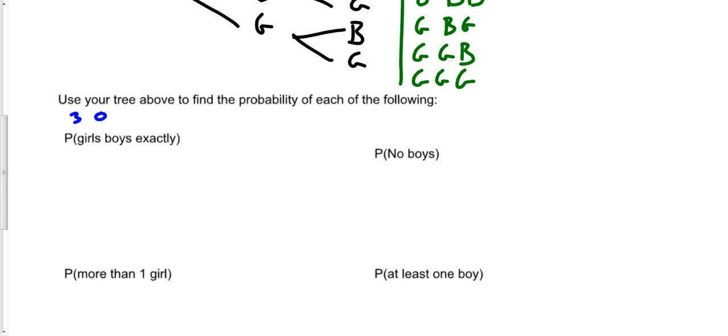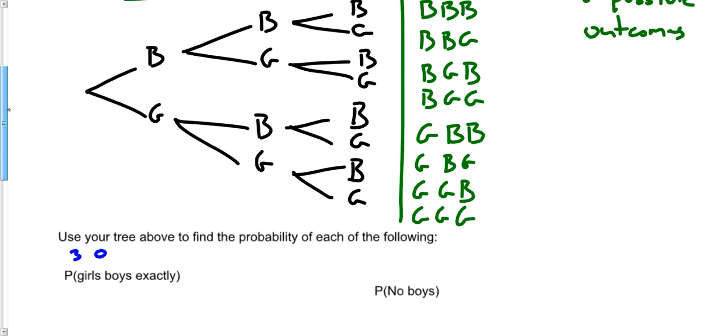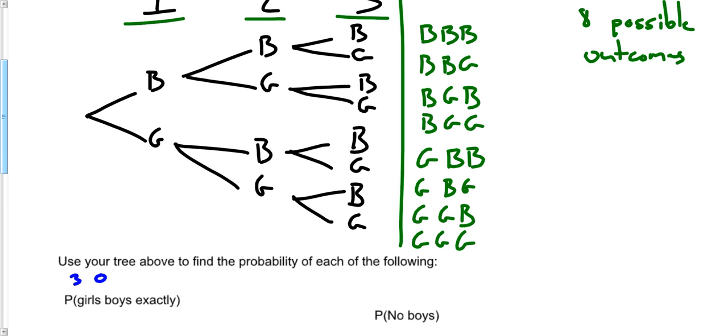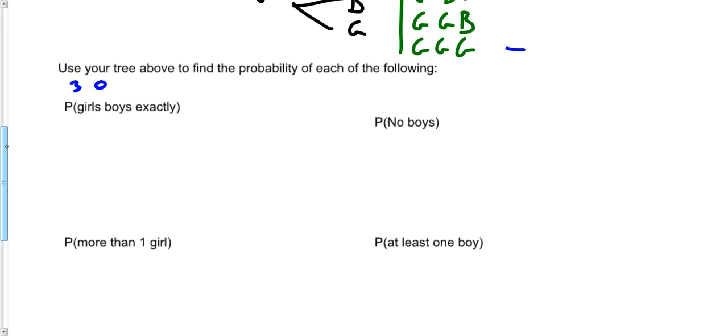If I look at my chart, I'm looking for 3 girls and 0 boys exactly, and that only happens in 1 spot. So 1 of the 8 options is given to us there. If we have no boys, again that's the exact same thing. So 1 out of 8.